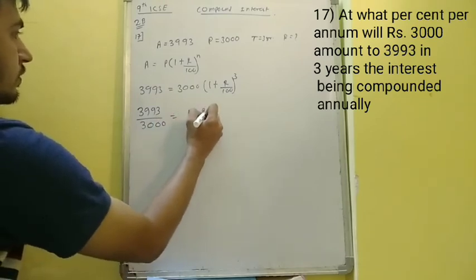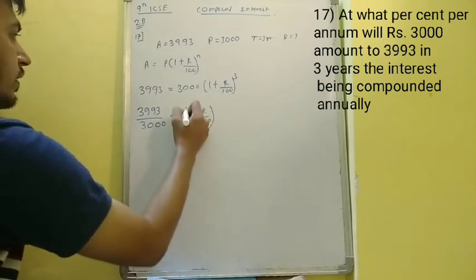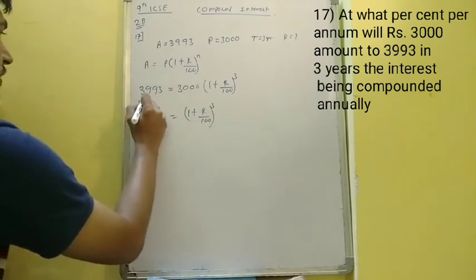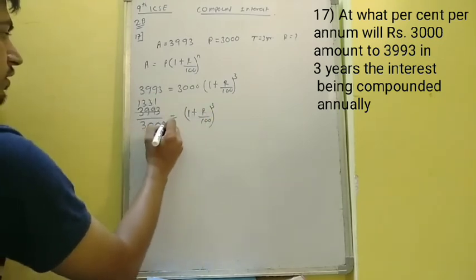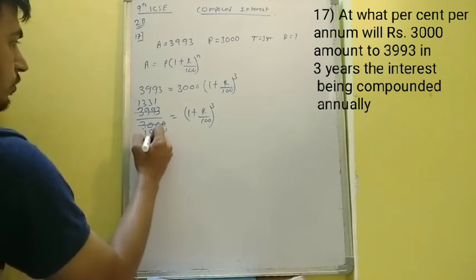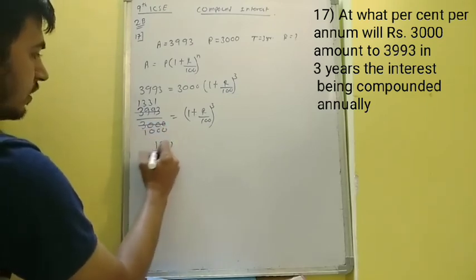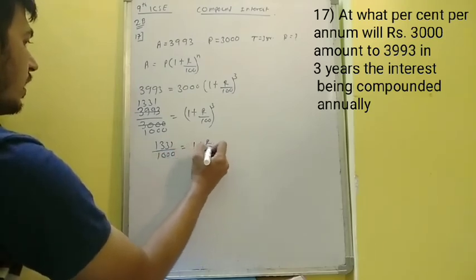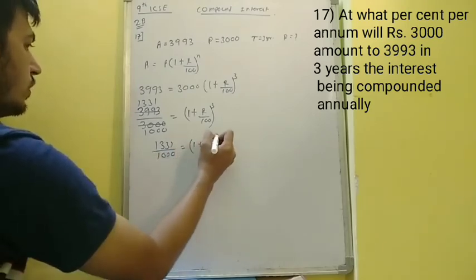So we'll divide it. 3993 upon 3000 gives 1331 upon 1000, which is equal to 1 plus R upon 100 raised to 3.